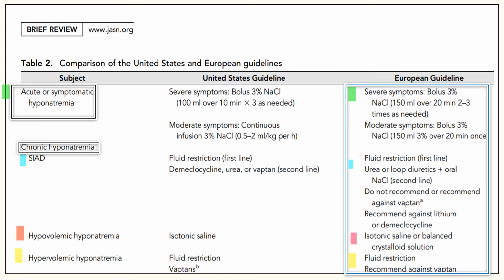Most important is the treatment of acute or symptomatic hyponatremia, severely symptomatic, where you have to give boluses of 3% and rapidly raise the sodium so that the patient becomes less symptomatic, and because the serum sodium rises, the risk of herniation is obviated.